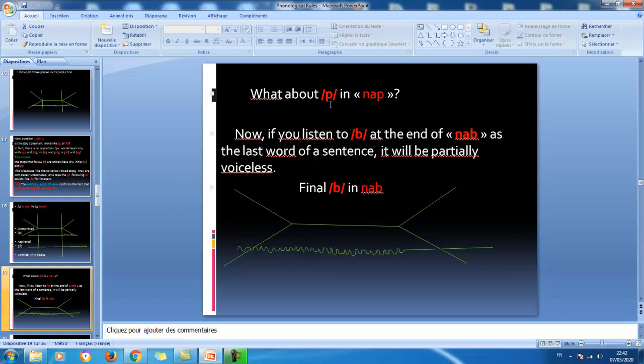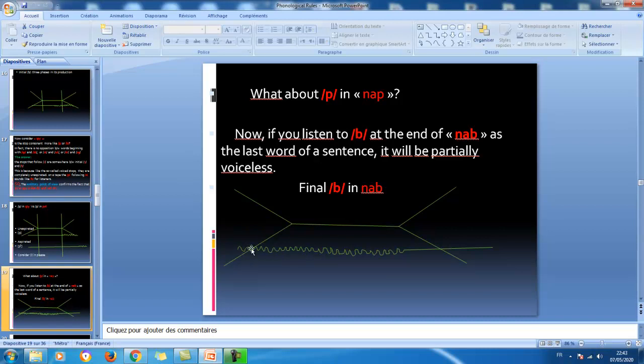Now, what about b in nab, the final position of the word? If you listen to b at the end of nab as the last word of a sentence, it will be partially voiceless. Look, this b here in nab, the final position of the word, this is the shape it takes.